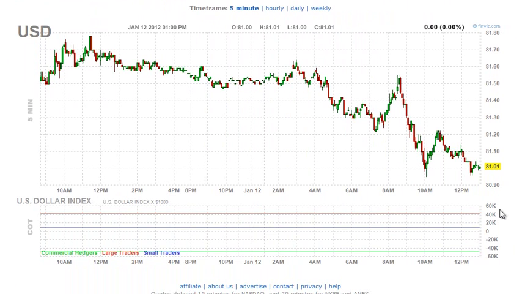A little bit of a 10 a.m. bounce, and we're heading lower. So why would we, number one, see the bounce? And why is it that we're heading lower on the dollar index but not heading higher on the Dow?